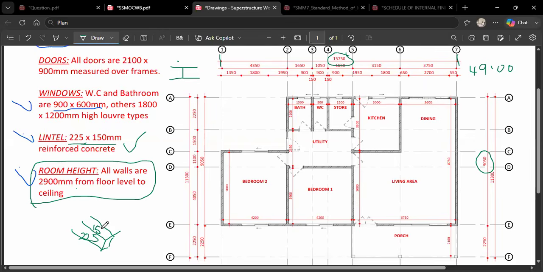So we'll keep the blocks like this, and then the 225 is also there, as simple as that. So let's proceed.